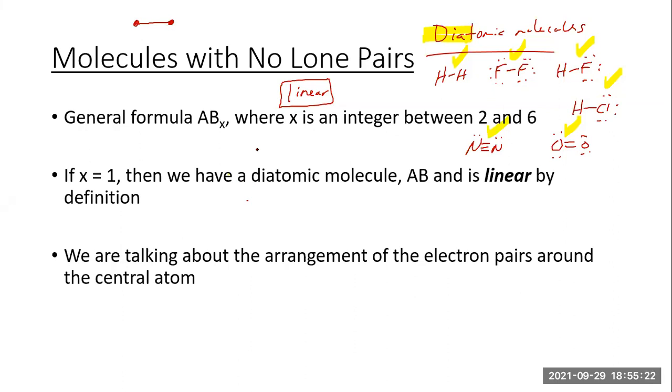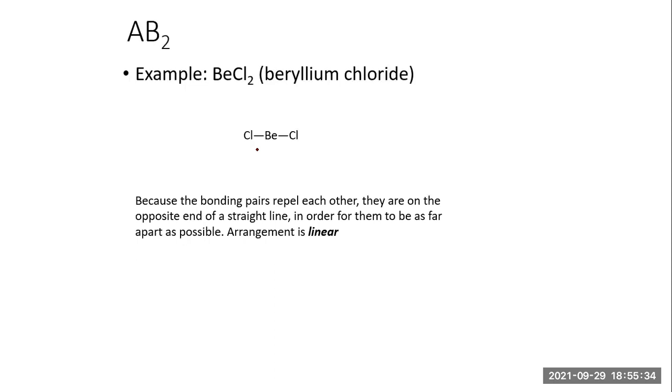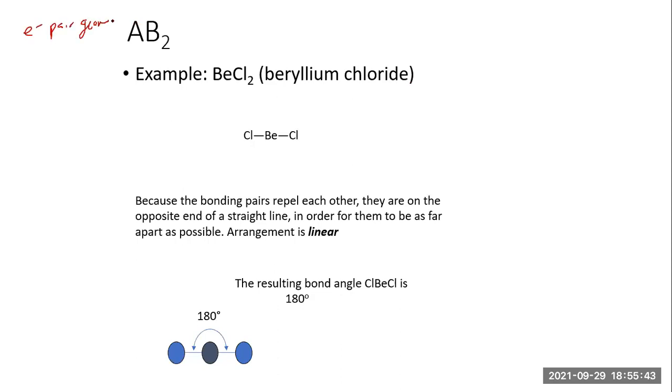Now, when we get to three or more atoms involved, we do get a couple of different geometries that we're going to talk about. One geometry is what is referred to as the electron pair geometry, or electron group geometry.